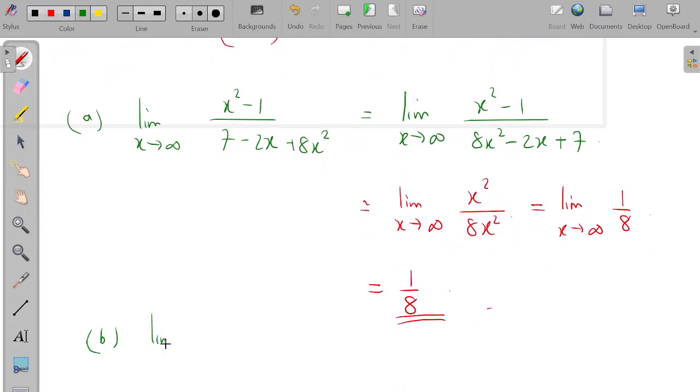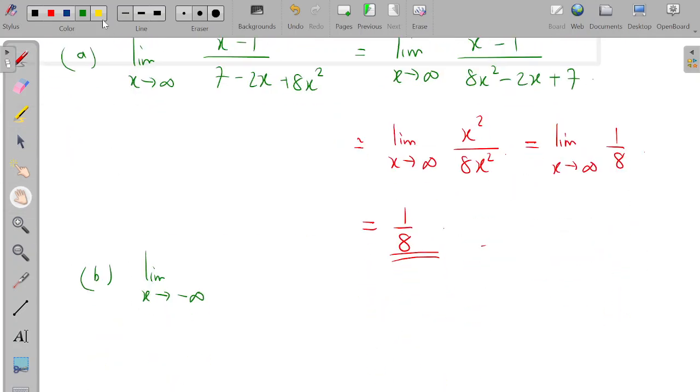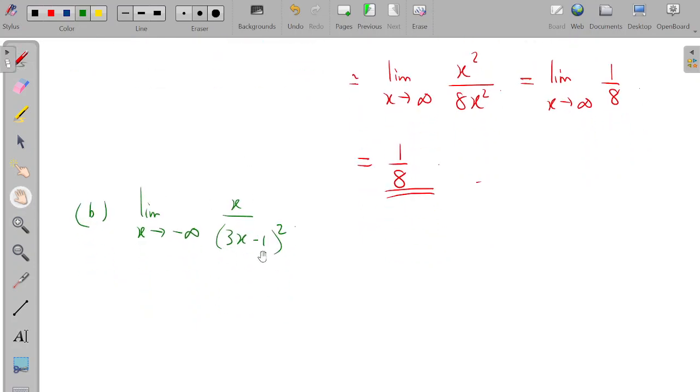We have limit as x goes to negative infinity of x over (3x minus 1) squared. For this one we need to open up the denominator and see what it will give us. This will be limit as x goes to negative infinity, please don't throw away your limit, carry it along in your calculation.